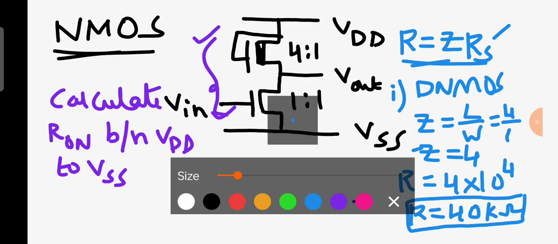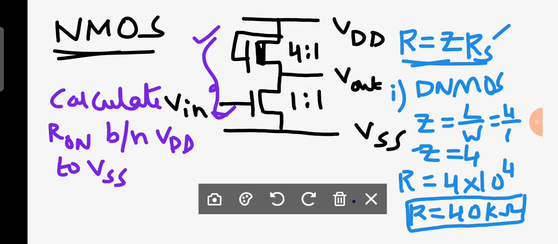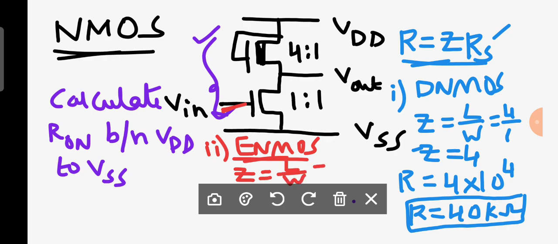Similarly, you can talk about the enhancement mode transistor in case number 2. You can talk about the enhancement mode NMOS transistor. Now will you please tell me what the Z value is here? L by W, that is 1 by 1, which is equal to 1. Is it clear?